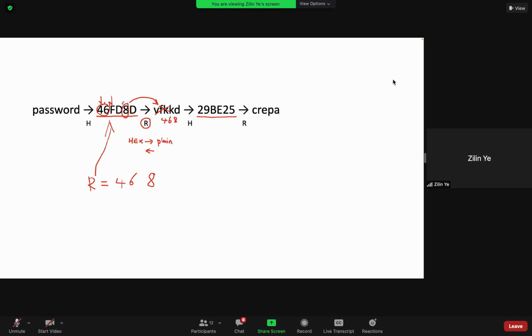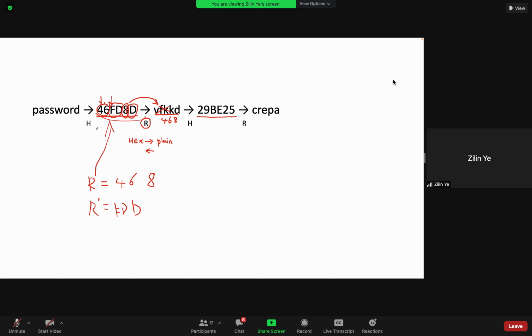Or I can define it as taking all the characters out. That's another reduce function I can come up with, so I can get FDD. This is just an example. The VFKKD just followed some rule, and this is exactly what the hash function does. The hash function also follows some rule to convert an input into an output. So that's why I'm saying this reverse function or reduce function is just another type of hash function.